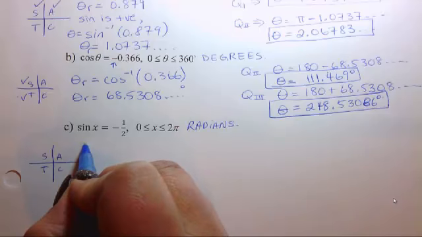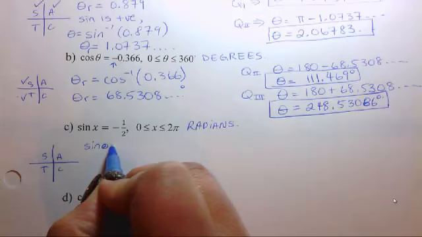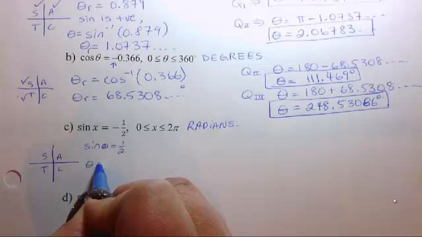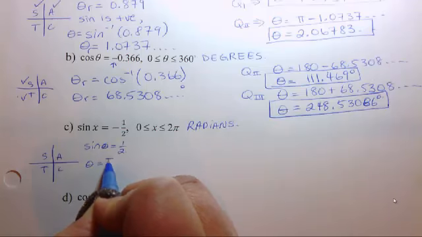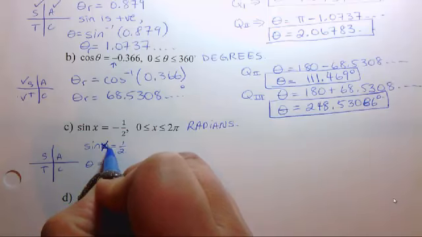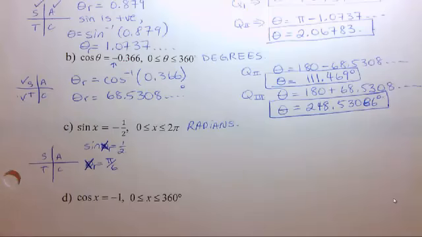If we were to look at sine theta equals 1/2, we would end up getting theta equals pi by 6. I could call this x_R because it's referring to our reference angle. So our pi by 6 is going to be our reference angle.